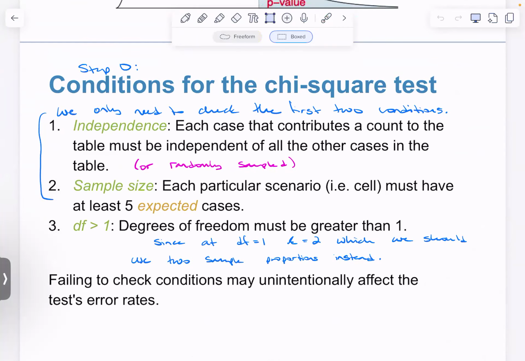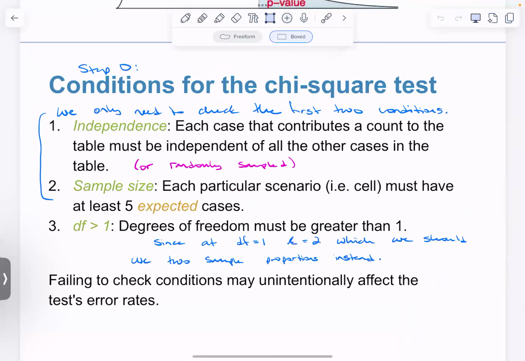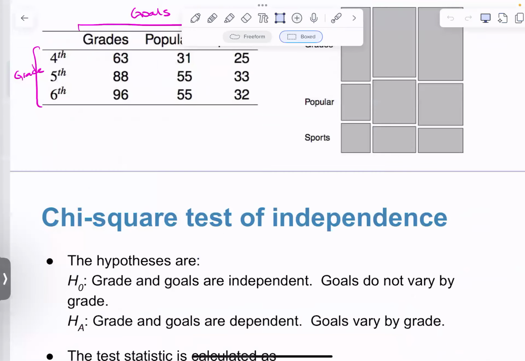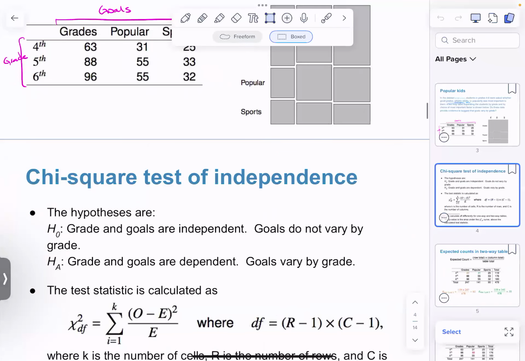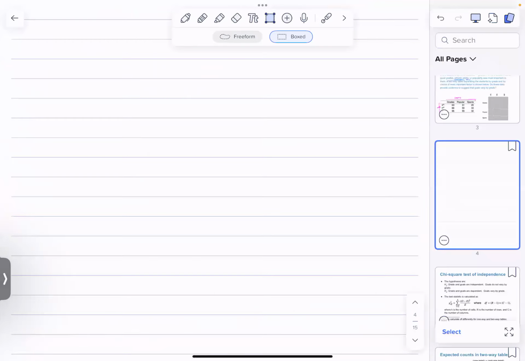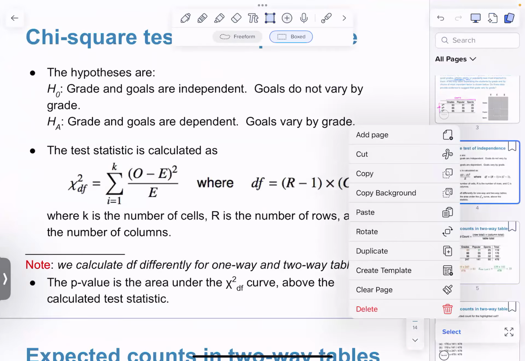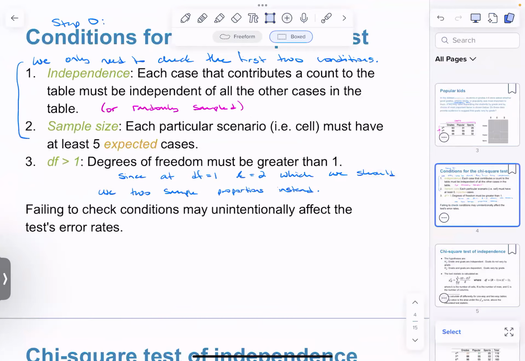How do I? I want to remind you before we start what the conditions are. Oops. No. Man. Just all over the place here. Paste.